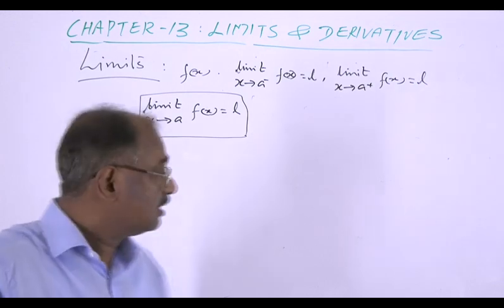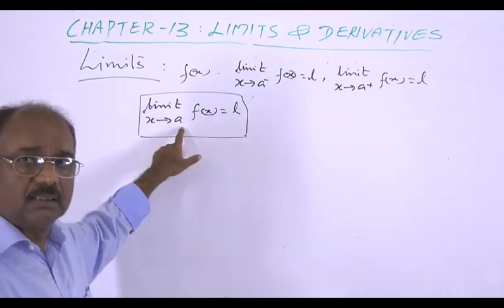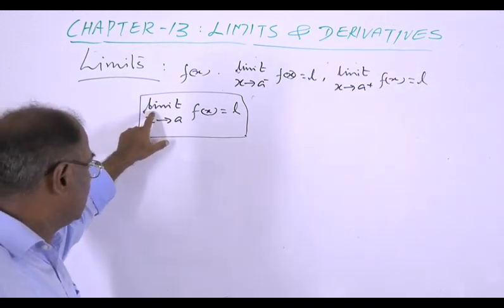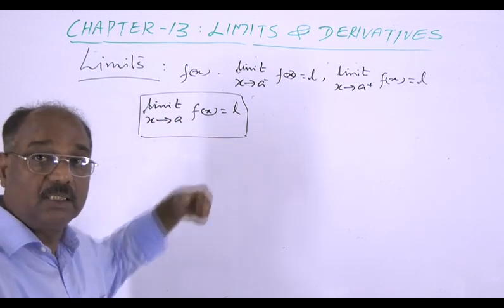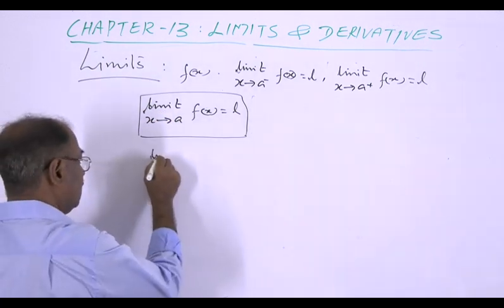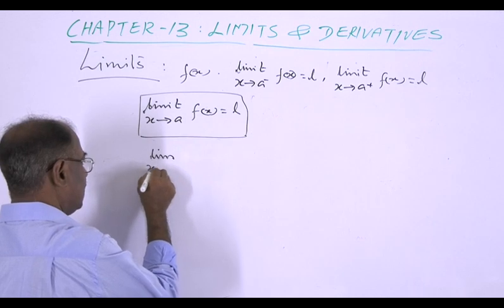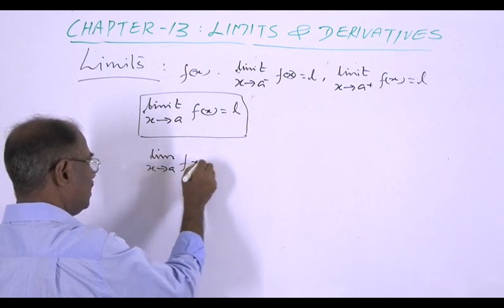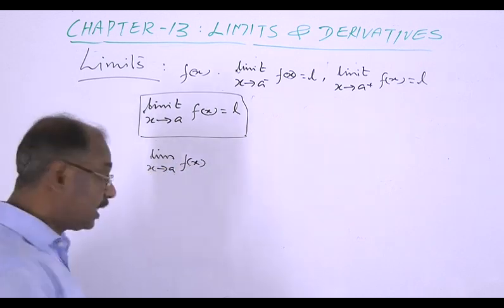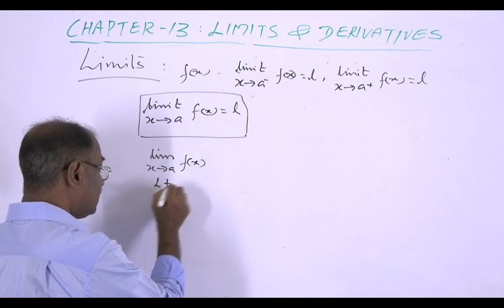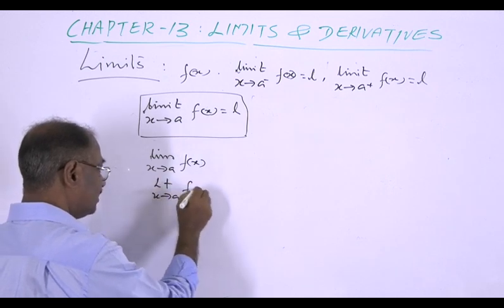Now for convenience, this symbol is again shortened. So here we have written limit, L-I-M, so it is shortened as lim x tends to a f(x) in that form. Or again shortened as LT x tends to a f(x) for convenience.